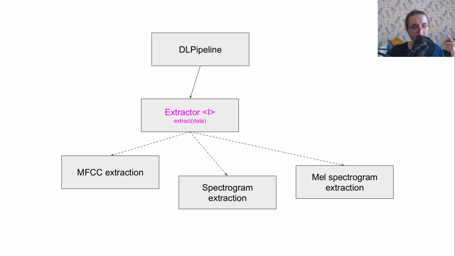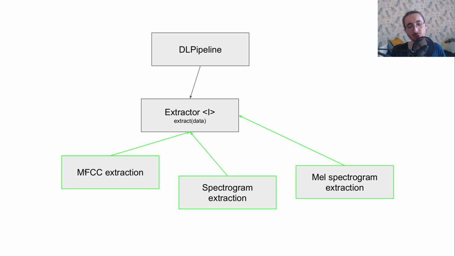So, in order to do that, what we'll do in this design is inverting the direction of these arrows here, like that. Now, this empty arrow now means that this guy here, spectrogram extraction, is now a class that implements this interface.